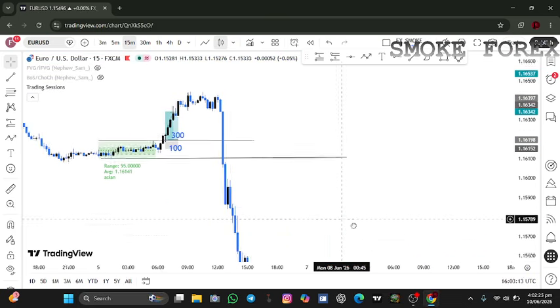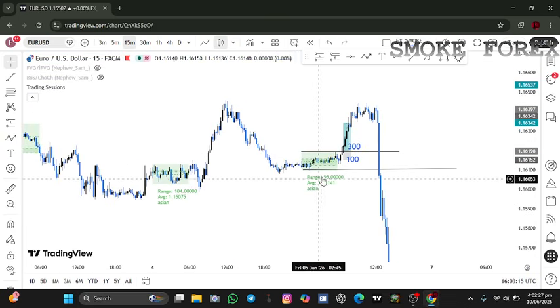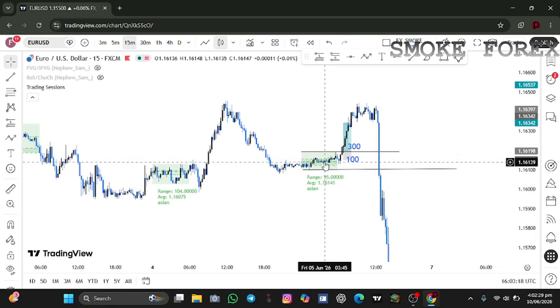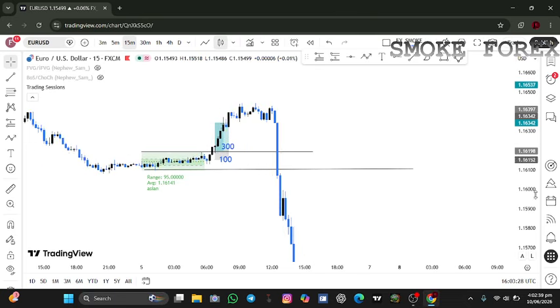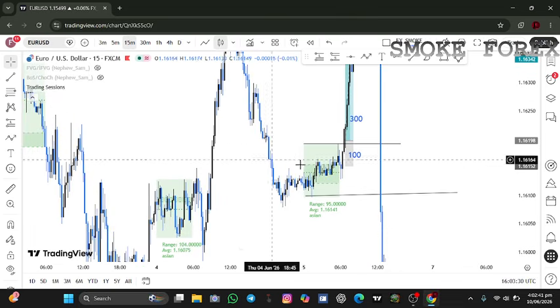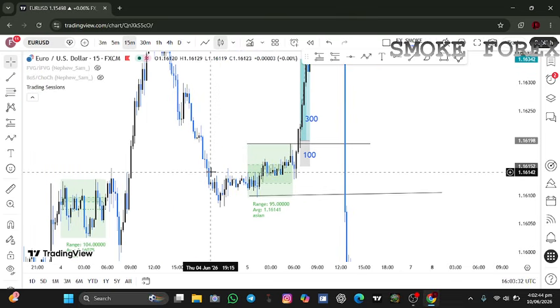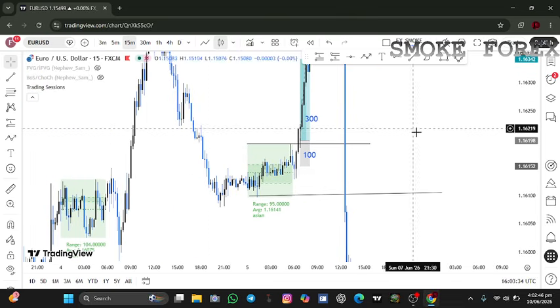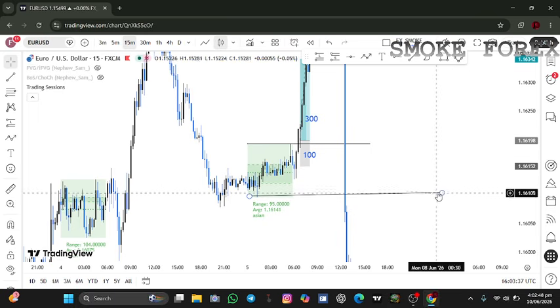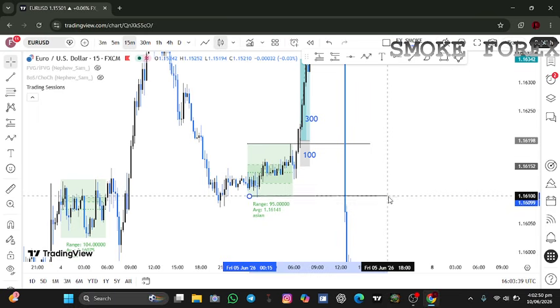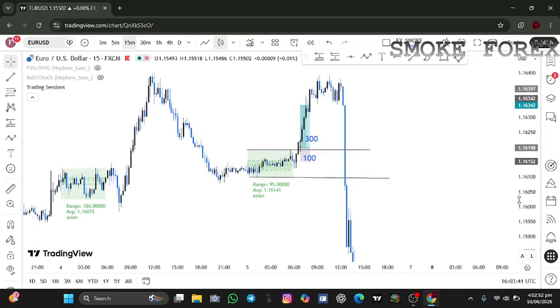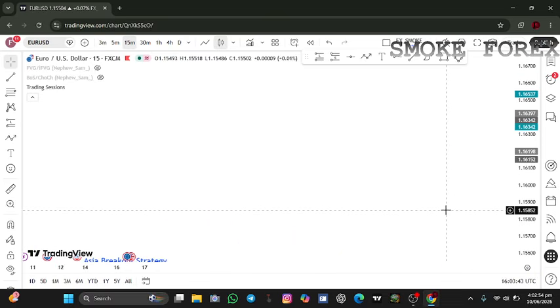Let me use this recent example that happened on Friday, 5th June this year. You can see clearly I marked my Asian session. All you have to do is mark the box, the high and the low. Or if you are too lazy like me, sometimes I don't mark it. Right now I've marked it, so what's next?